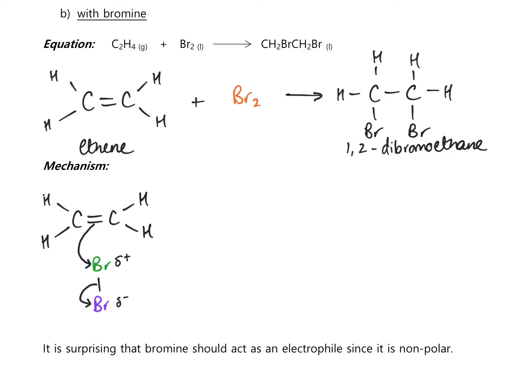So that's the first step done, where the electrophile approaches the double bond, and then the electrons from the pi bond of the double bond are used to form a bond with the bromine at the delta positive end, and then the bromine bond breaks, and the electrons move towards the other bromine atom. So what are we then left with? Well, the carbon bond is now just a single bond.